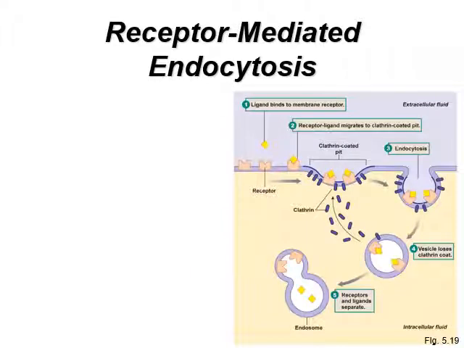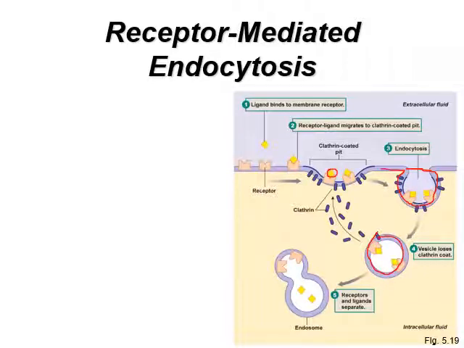Many times it is receptor mediated, meaning the molecule that is going to be moved in binds to a receptor. Binding to the receptor causes this pinching of the membrane, causing this pit and then the pinching off of the membrane to form the vesicle.